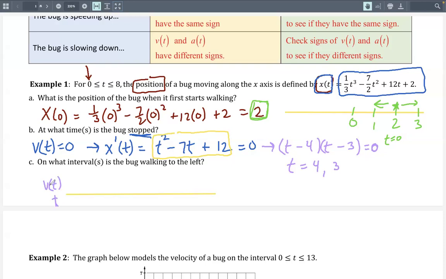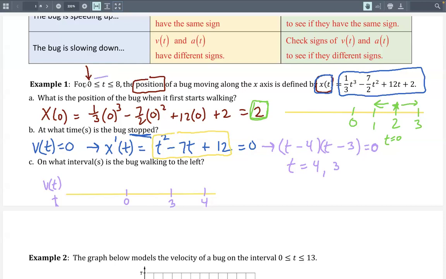The first thing I'm going to write on this number line is when the bug was stopped or not moving. The bug was stopped at time 4 and time 3. So on my number line, I'm going to put in times. We're going to have time 0 as a benchmark. Further down, we're going to have 3, and we're also going to have 4.